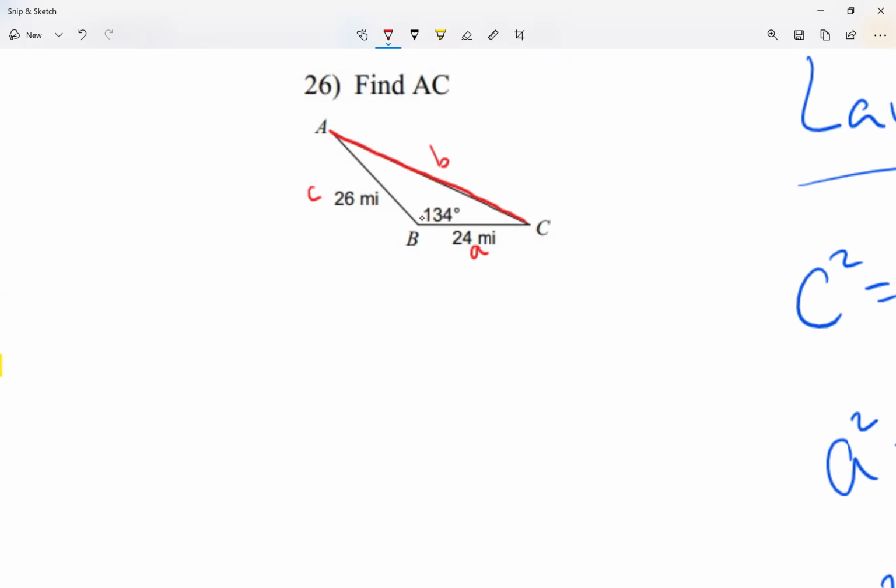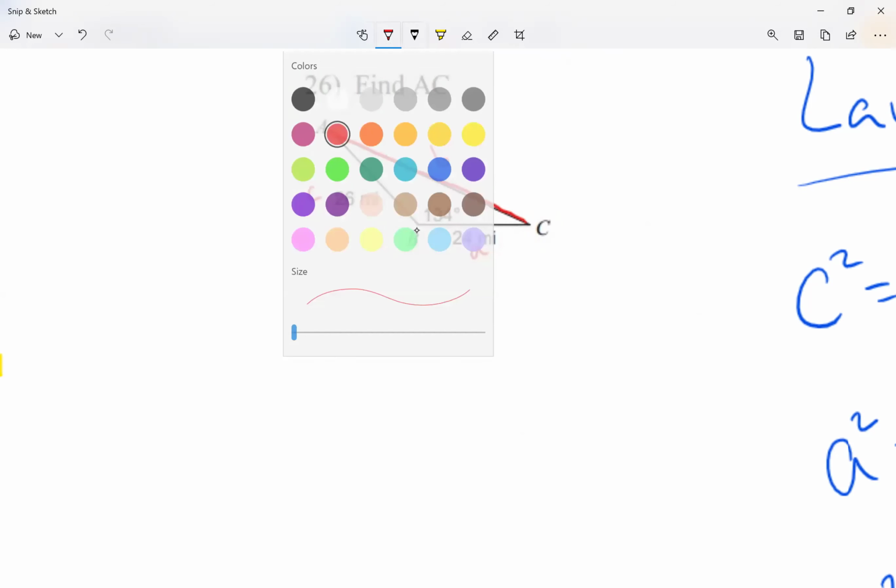Because I have angle B, I'm going to use the formula that says something about cosine of angle B. Let me remind you guys of that formula.